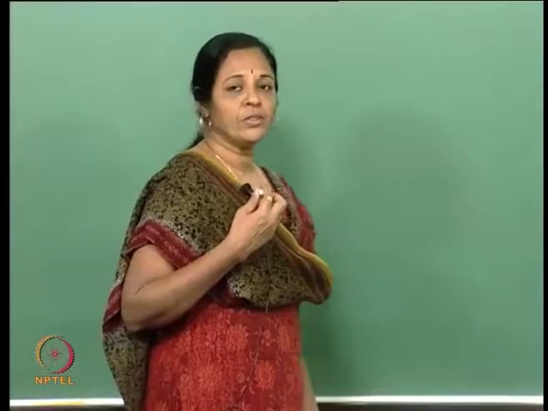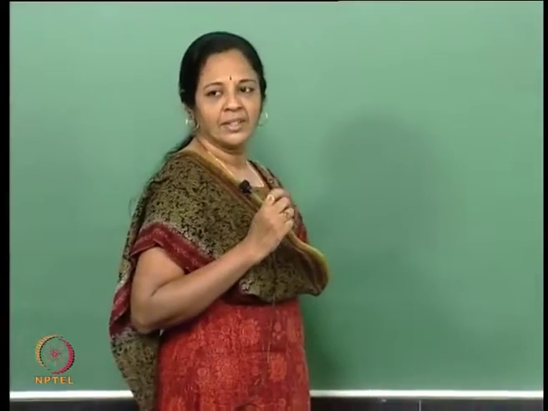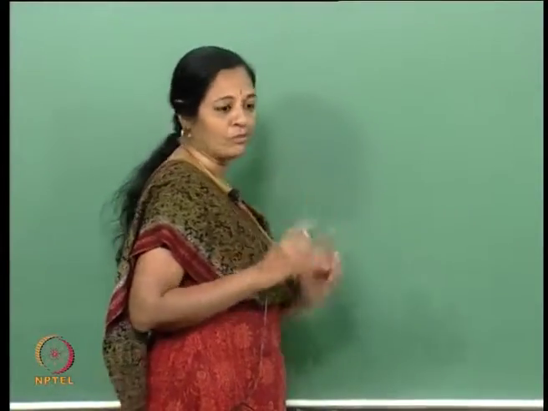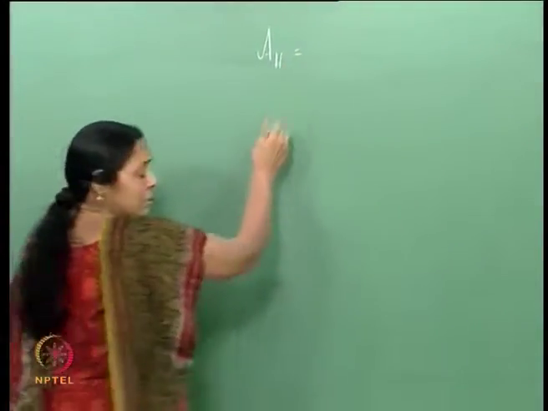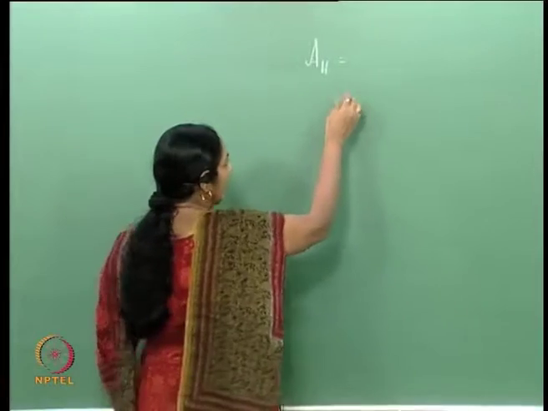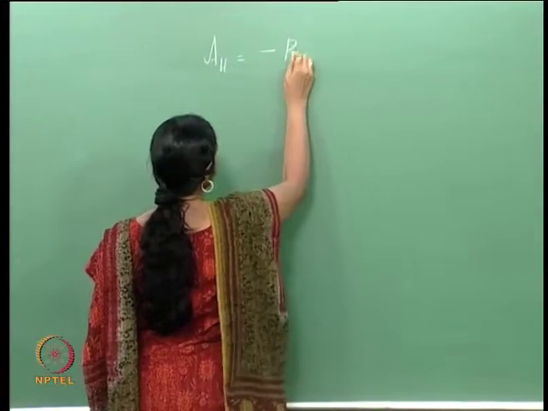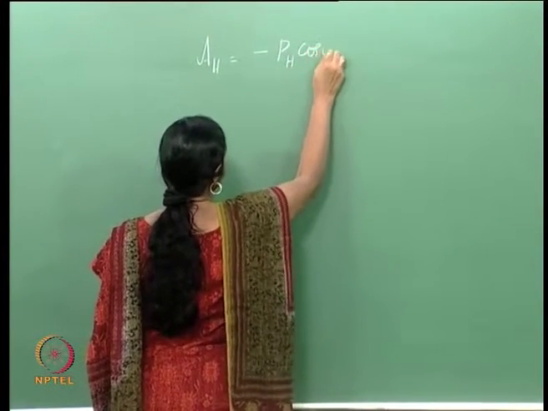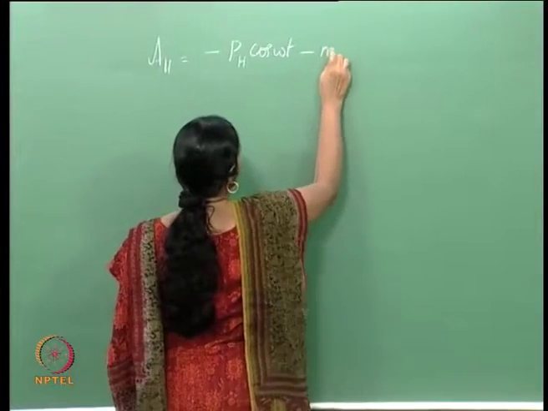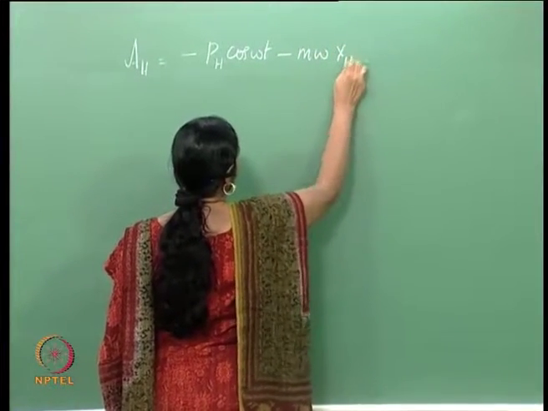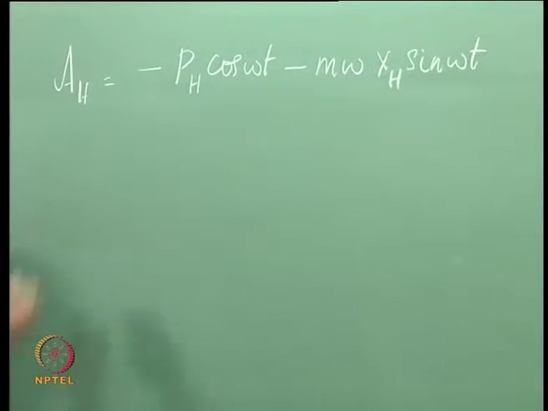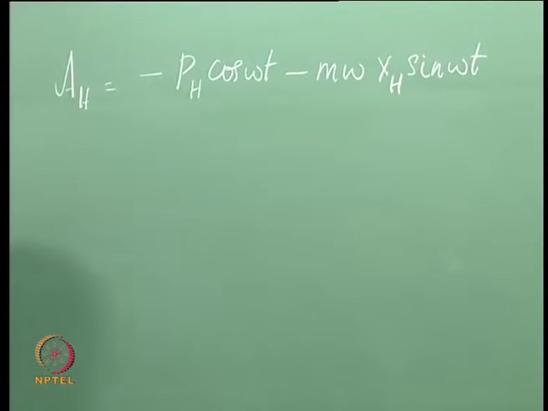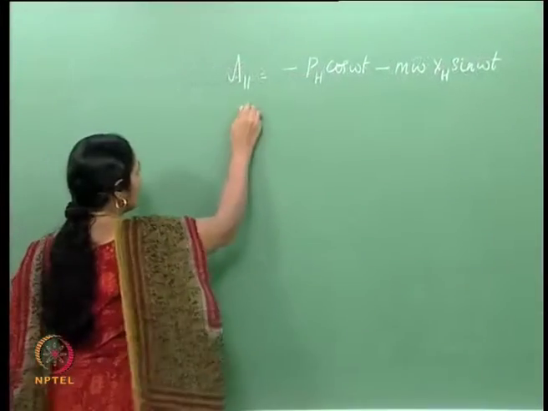So, now let me do an example applying the Heisenberg equation of motion. I consider an operator in the Heisenberg picture, AH, which is minus pH cos omega t minus m omega xH sin omega t. Now, pH is simply the momentum operator. Let me put down the Hamiltonian.